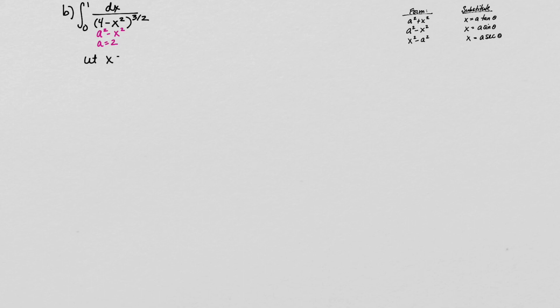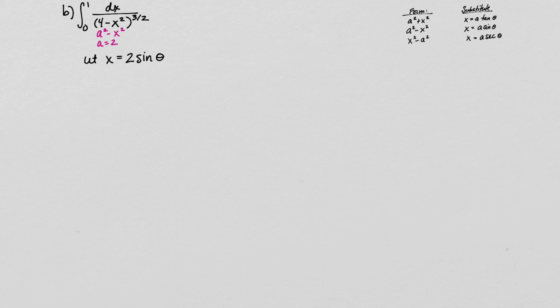So we're going to substitute. We're going to let x be equal to a sine theta. So it's going to be 2 sine theta. Questions on how I got that? No. Okay, and then I need to find my pieces, right?